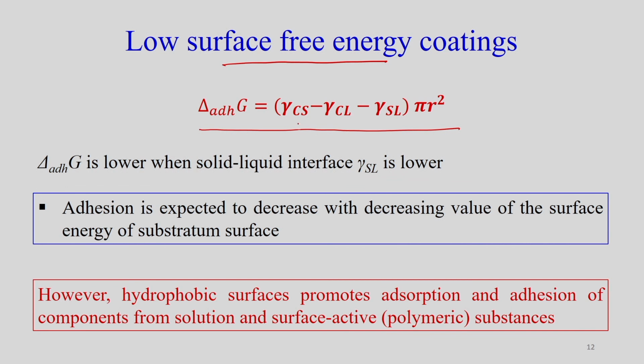CS is the cell surface, CL is the cell and liquid, and SL is the surface liquid, or you can say the solid liquid.